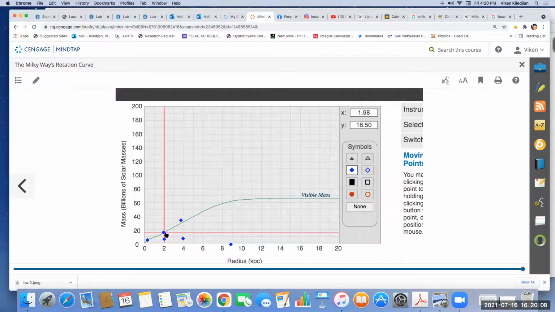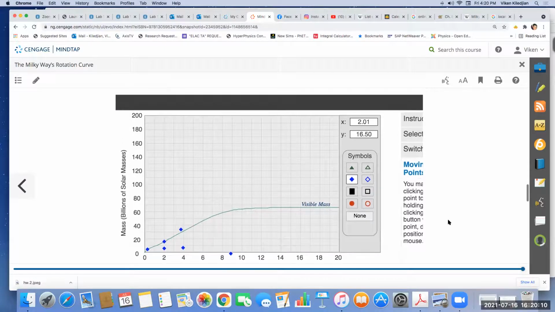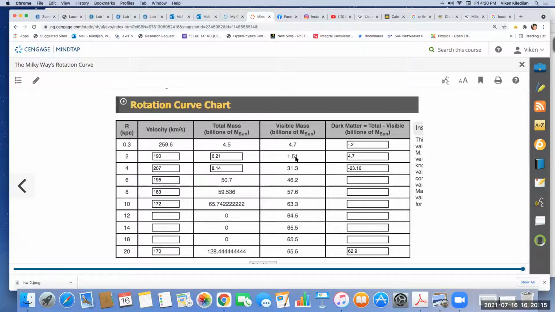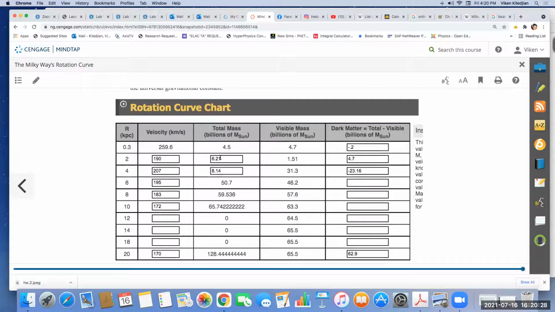So at 2, the visible matter is 16.5. Something is wrong with this. It should maybe be 15.1. Yeah, 15.1. That means the visible matter is greater than the total mass of the Milky Way. So there's some negative mass that's unaccounted for.